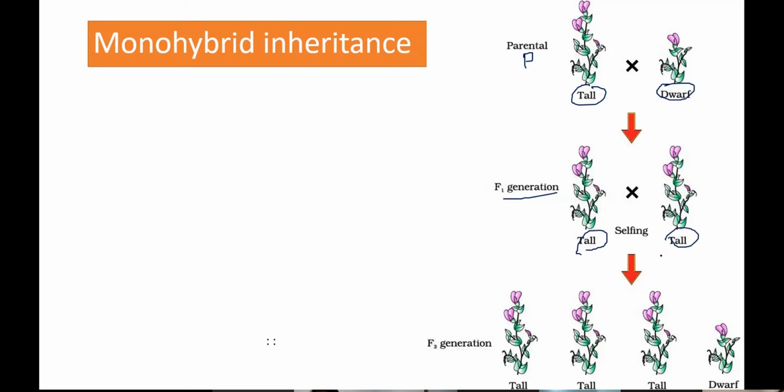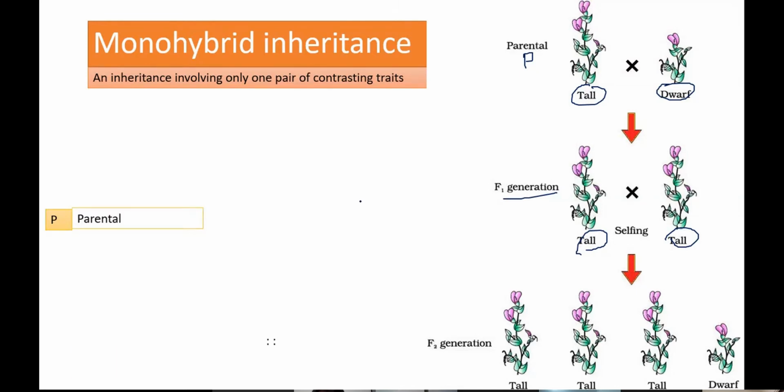But then Mendel crossed the F1 and F1 to produce the next generation known as the F2 generation. The traits are tall, tall, tall, and dwarf. This is monohybrid inheritance, the inheritance involving only one pair of contrasting traits.